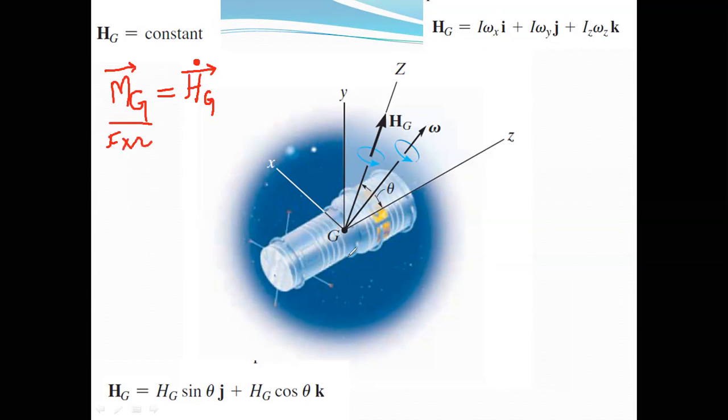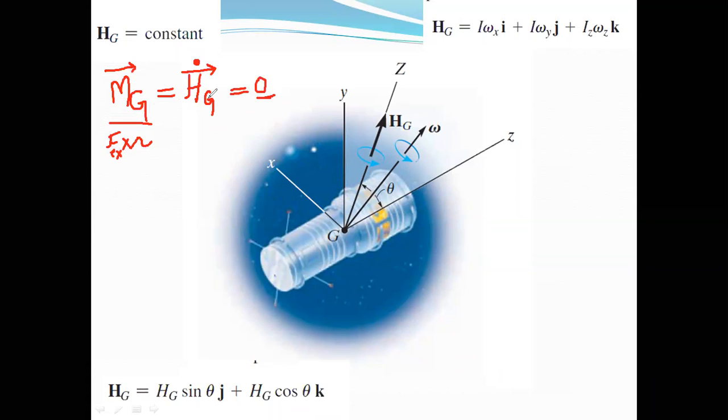Since the external forces on the rigid body are zero, this moment too has to be equal to zero. We don't have any external force acting on the rigid body, so F is equal to zero. Therefore, the moments are also equal to zero. When the moment is equal to zero, the derivative of the angular momentum is equal to zero.